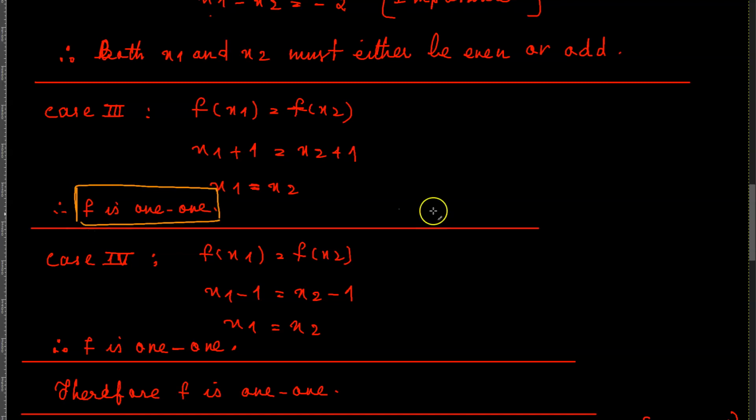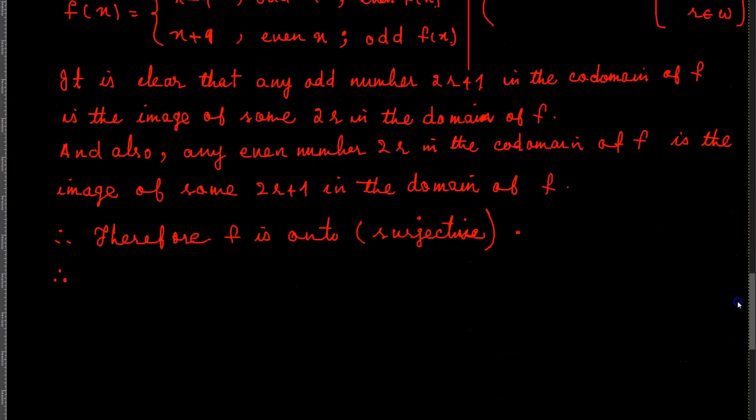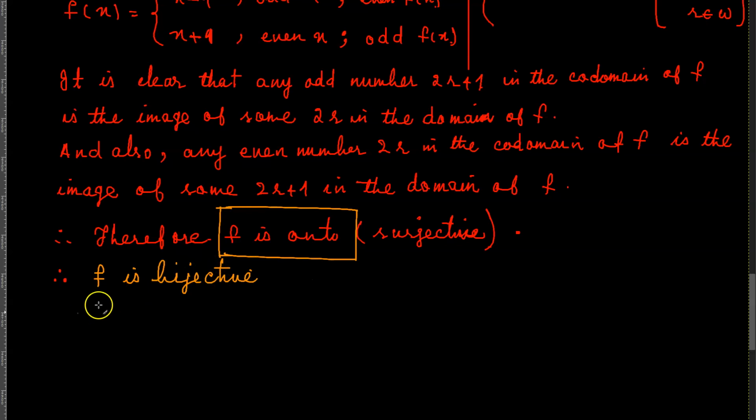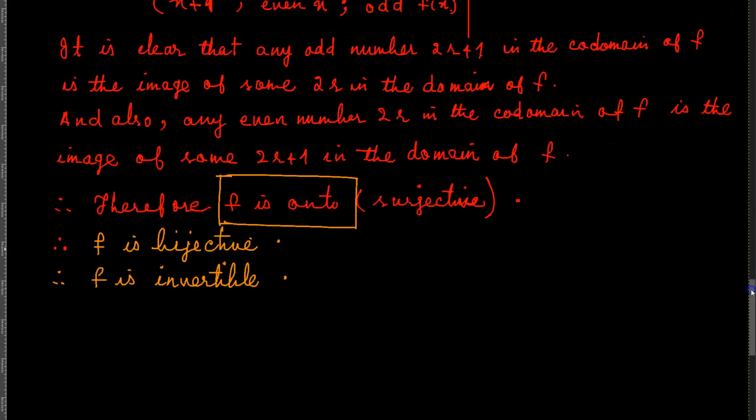And now we know that f is 1-1, and also f is onto. That means that f is bijective, and therefore f is invertible. Now let's find the inverse of f.